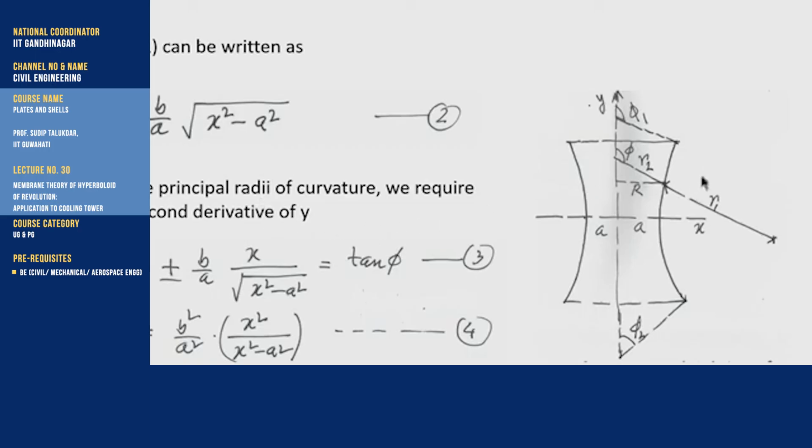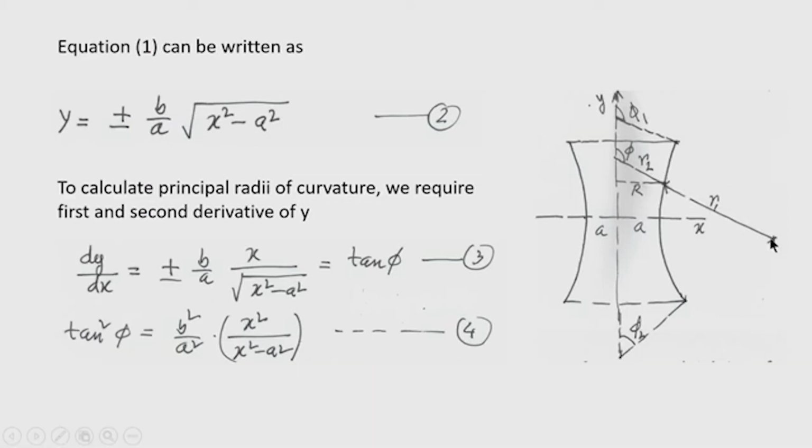Now, you can see this type of shell, that is hyperboloid of revolution, is essentially a doubly curved shell, but it is anticlastic. Due to its anticlastic nature, the center of one radius of curvature is in the opposite direction as compared to the other.